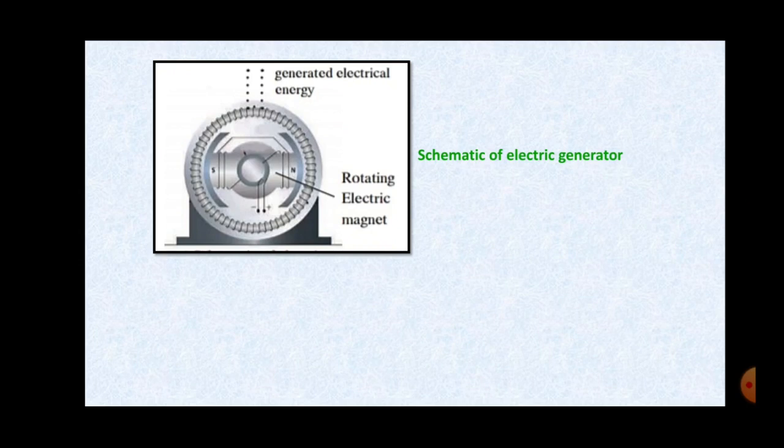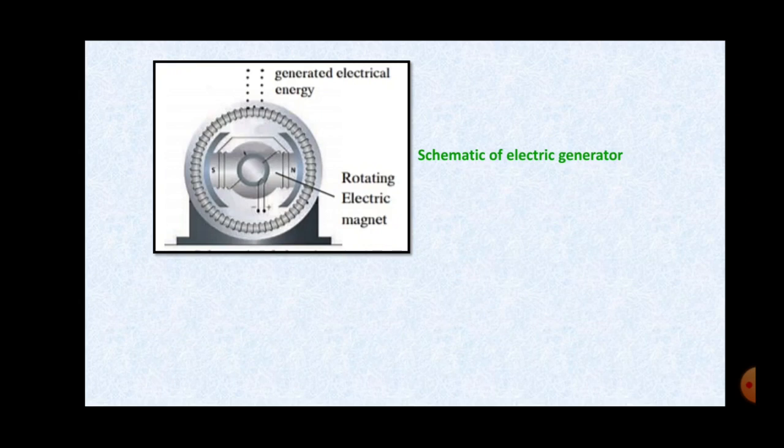Here the electric generation is based on the principle of electromagnetic induction, as I told. Now we have a generator, and to rotate the generator we need a turbine. And how is the turbine rotated? It is rotated with the help of an energy source. On the basis of which energy source is used to rotate the turbine, the different power generating stations work, right?